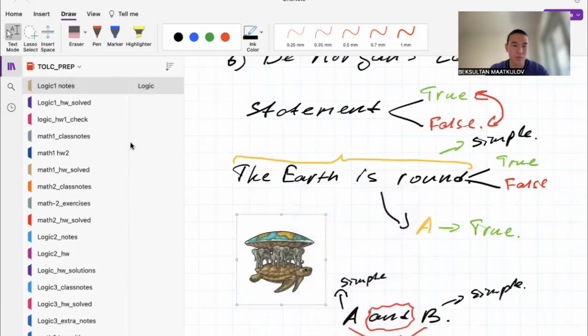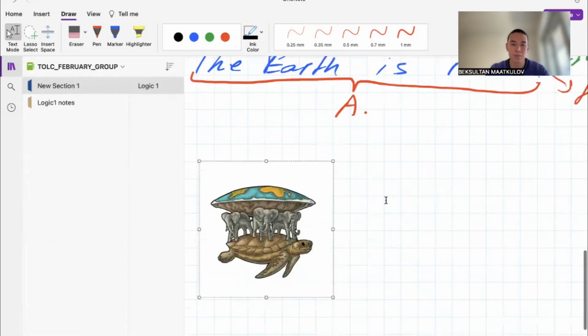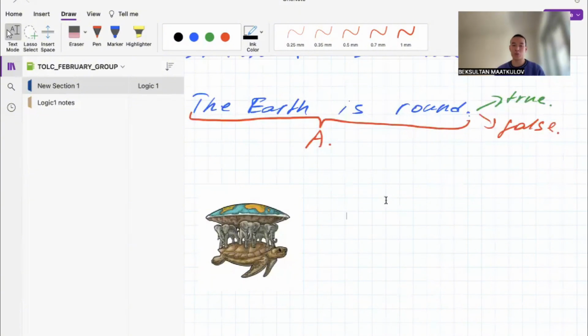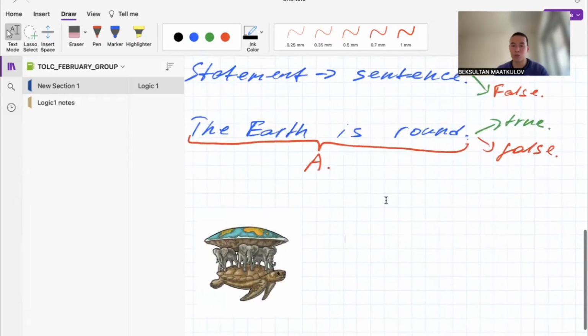Yeah, here it is. Okay, let's imagine we didn't know if the Earth was round or not. Because some people thought that the Earth is flat and it's holding on 3 elephants, which are on the giant turtle, as you see here. And basically A, this is our statement. And let's suppose that A is true. Let me write it here, that the A is true.